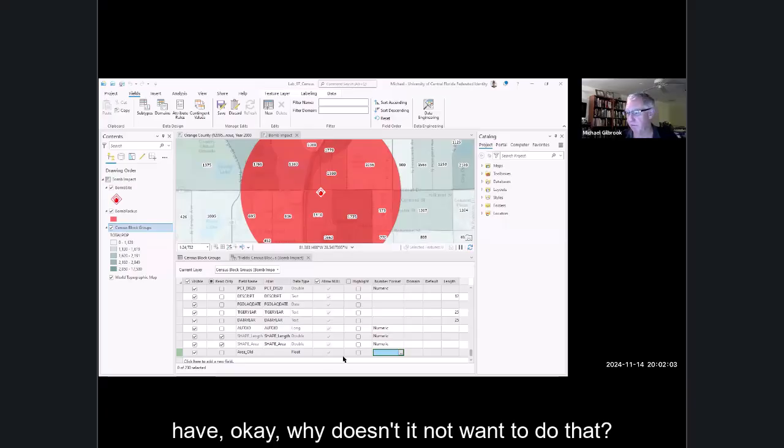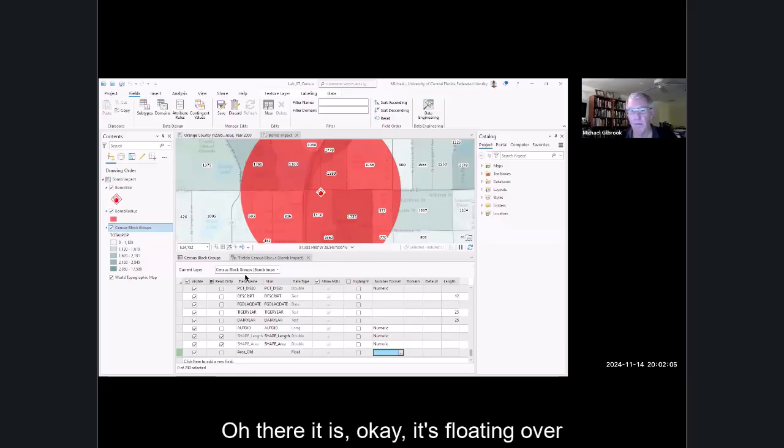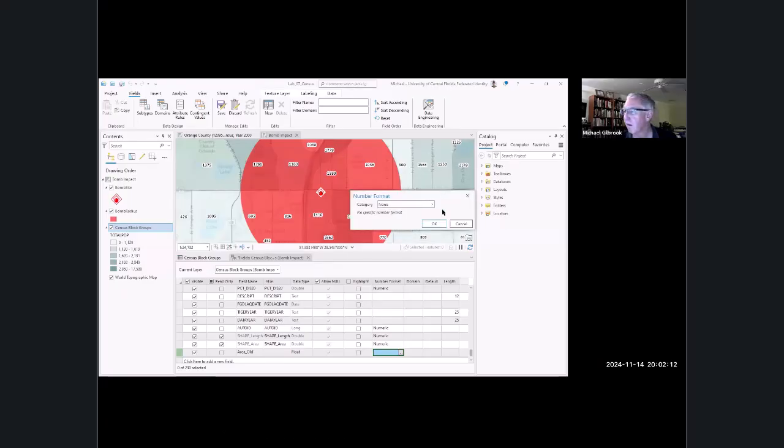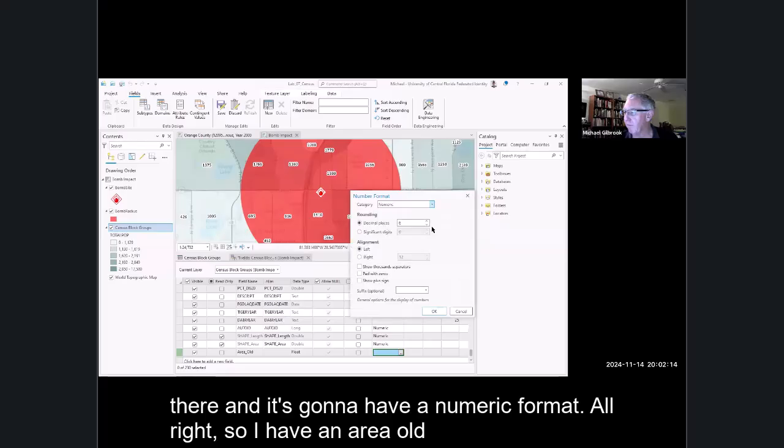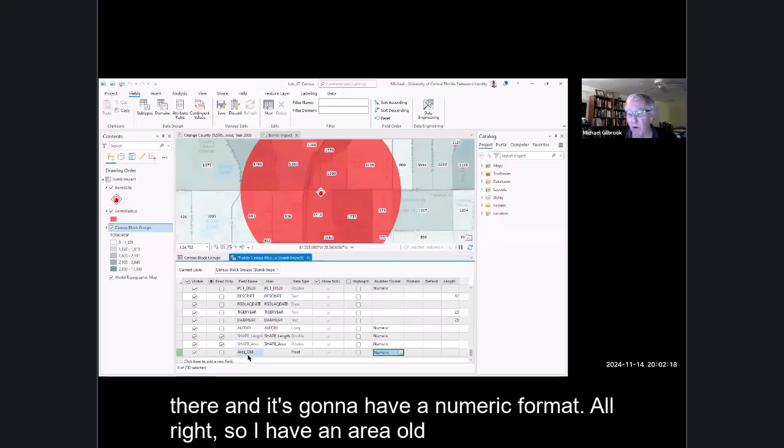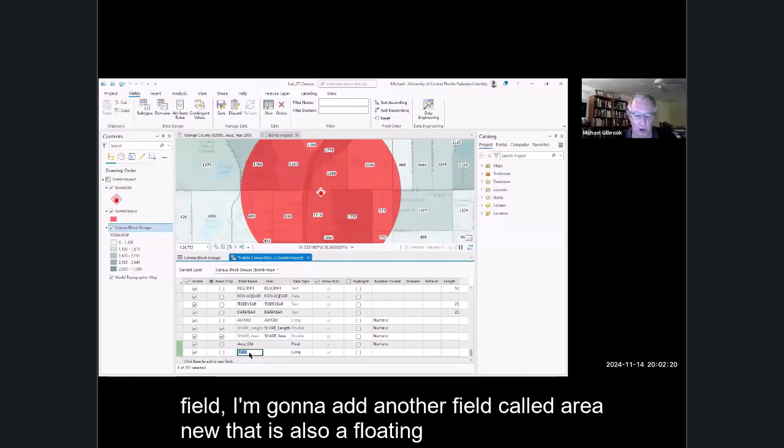It's going to have a numeric format. So I have an area old field. I'm going to add another field called area new that is also a floating point.